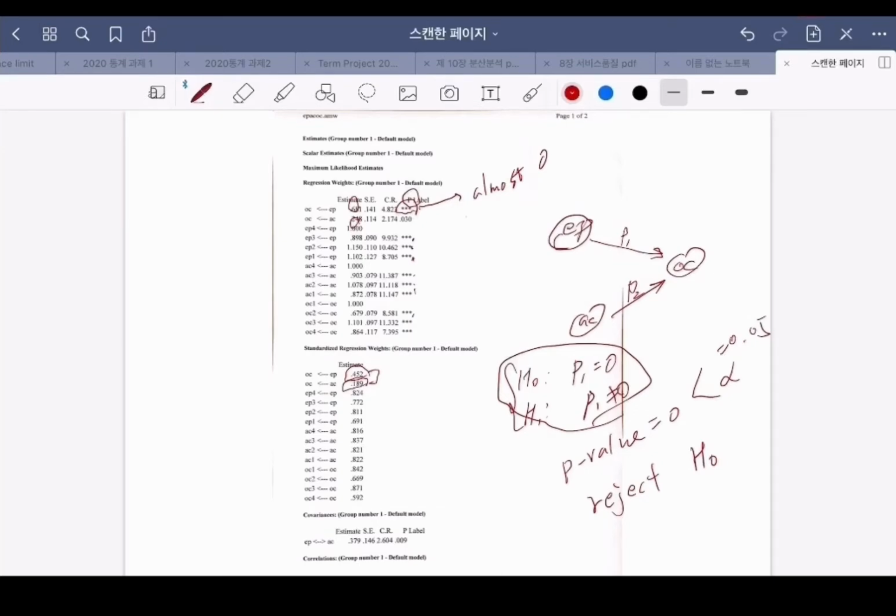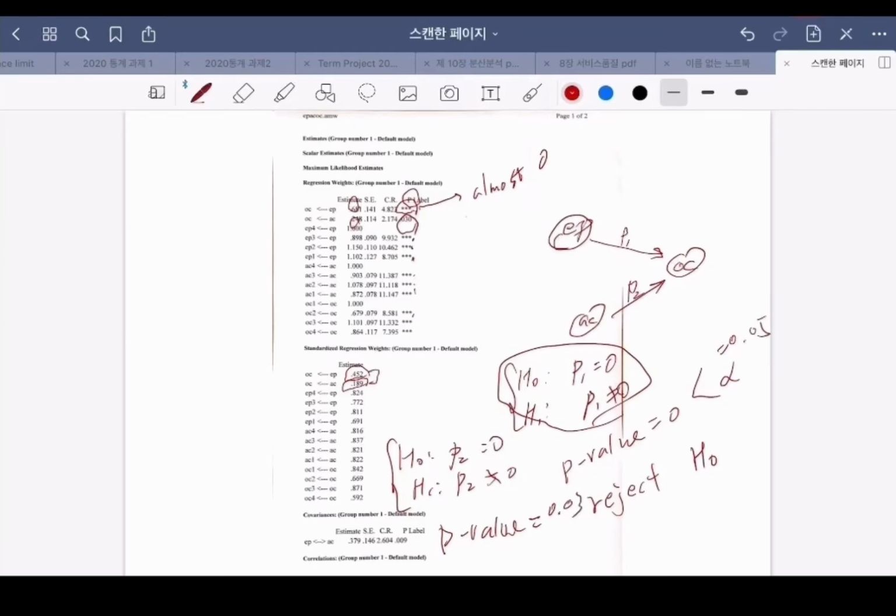Same for the relationship between AC and OC. In this case, you are testing P2 is equal to 0 versus P2 is not equal to 0. The p-value here is 0.03.